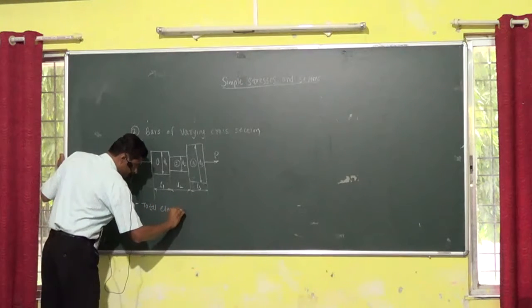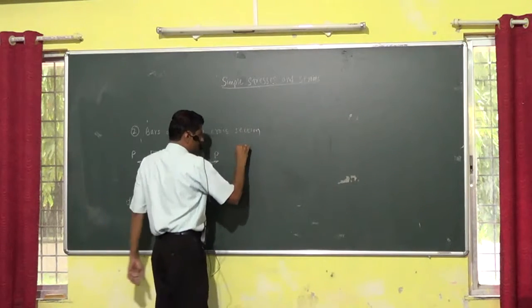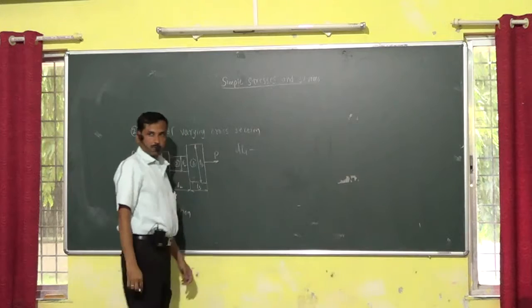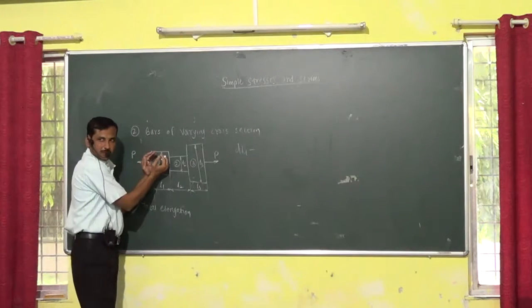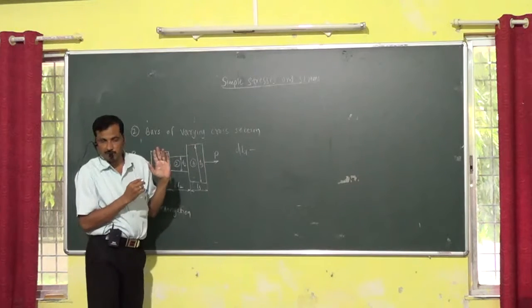If DL1 is the elongation in section 1, we are considering this part as section 1, this part as section 2, and this part as section 3.